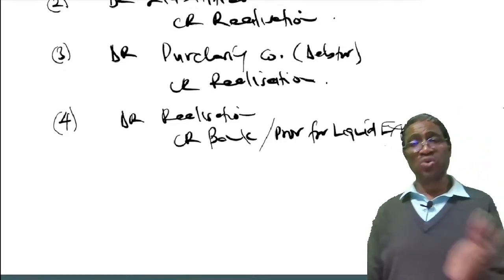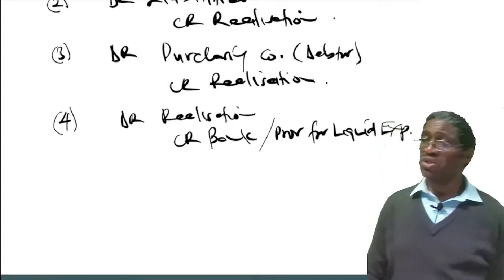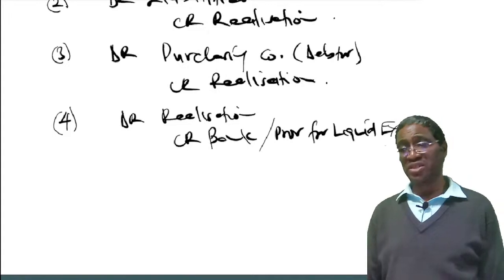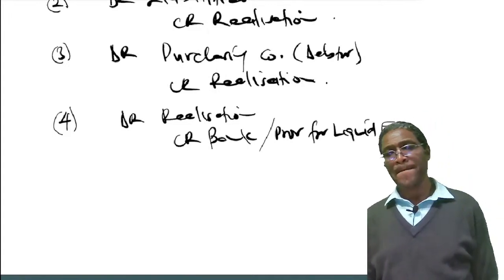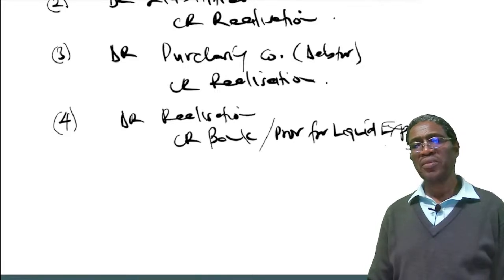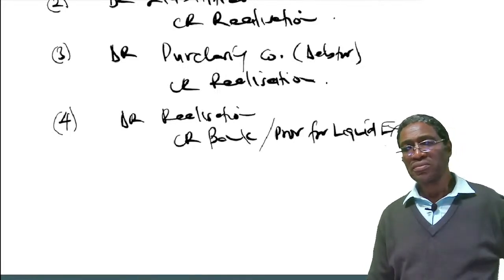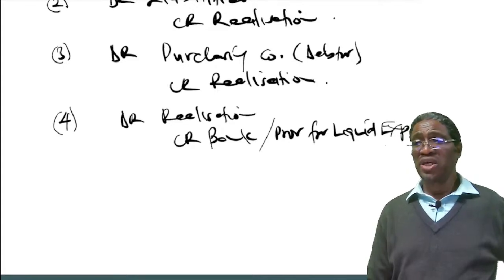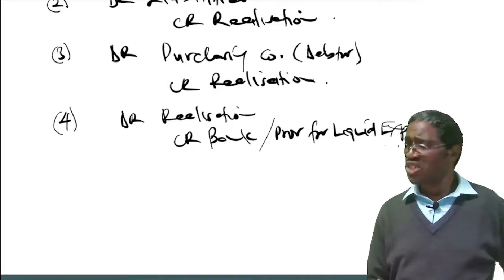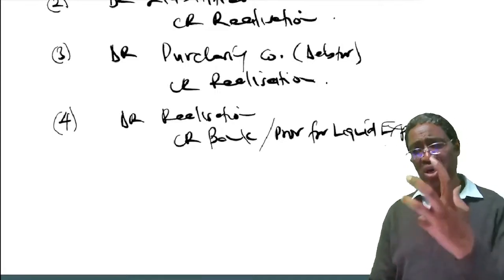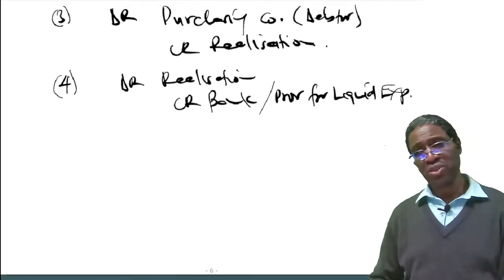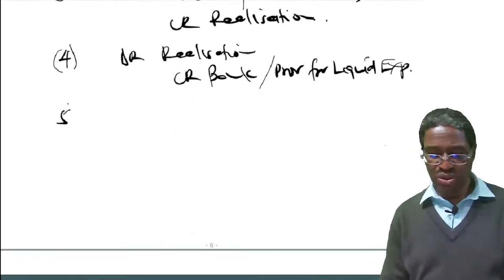So if you paid, you credit bank. If you incurred, you credit provision for liquidation expenses. Either way, you must debit realization. It's an expense. Otherwise, in a normal business, I would have debited P&L. But we are not running a normal business, as I said. We are liquidating, so our operating account becomes realization. That's number 4.